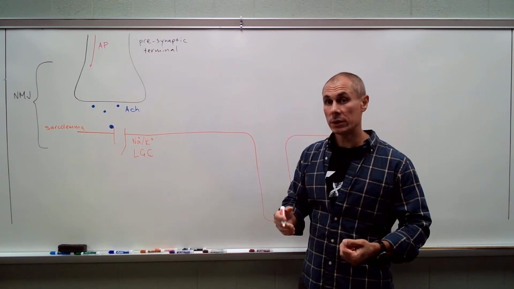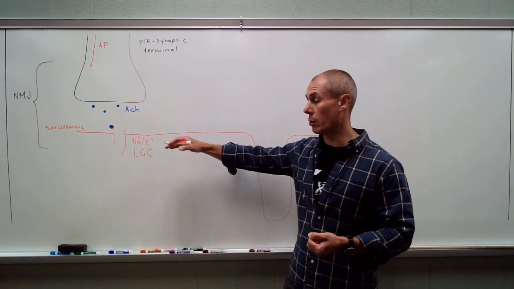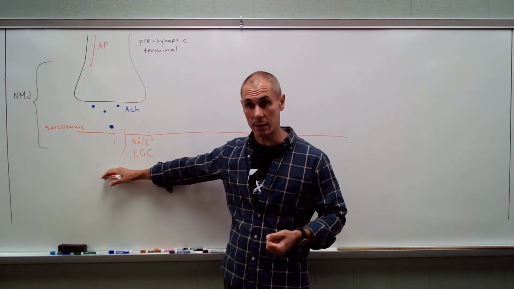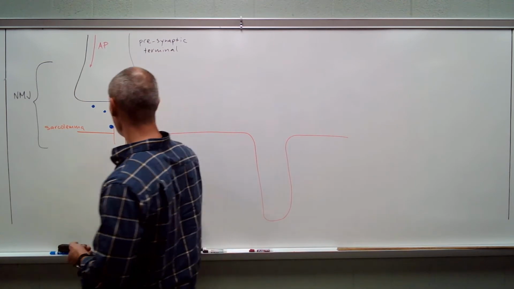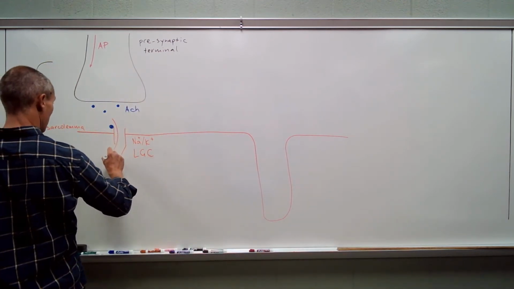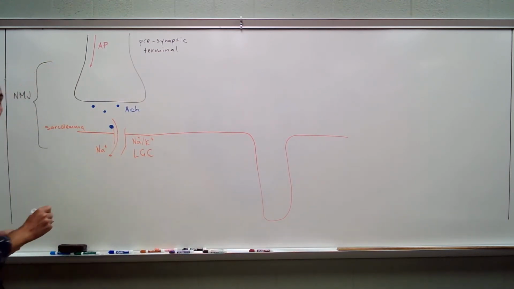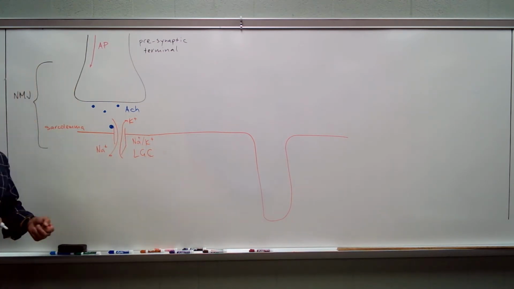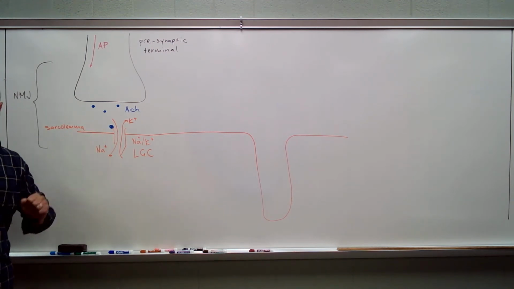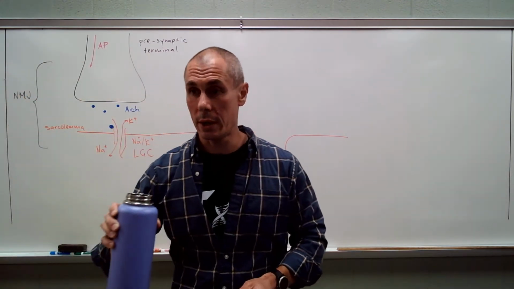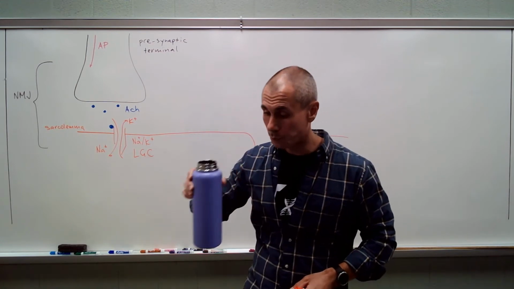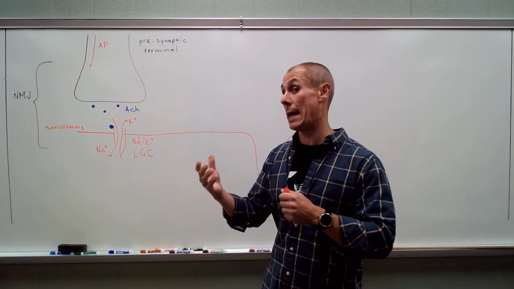You already know the concentration of sodium is higher outside of the cell, while the concentration of potassium is higher inside. So at this point, sodium diffuses into the cell, potassium diffuses out of the cell. However, for this particular channel, there's much more sodium diffusing in than potassium going out.